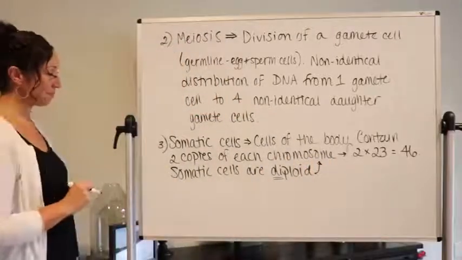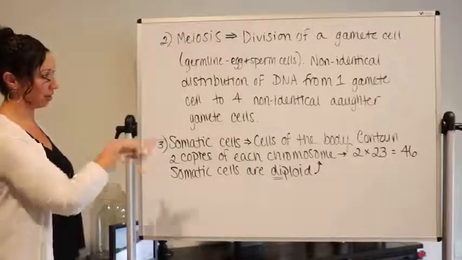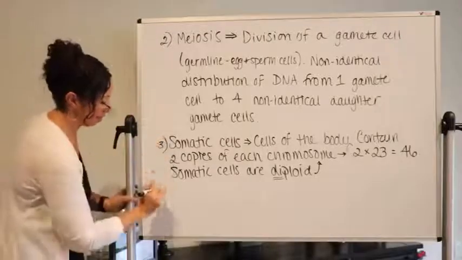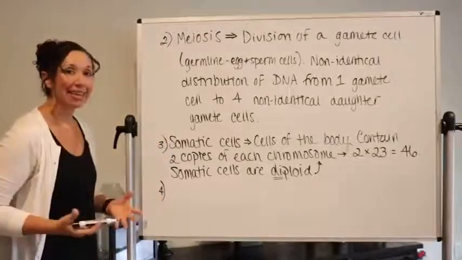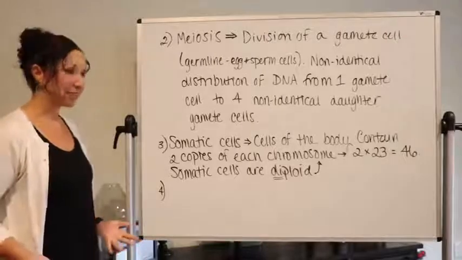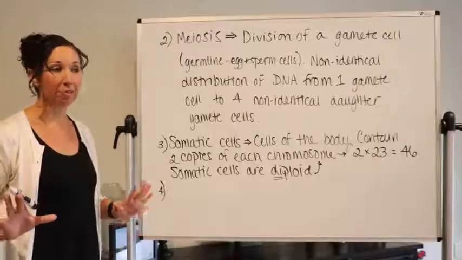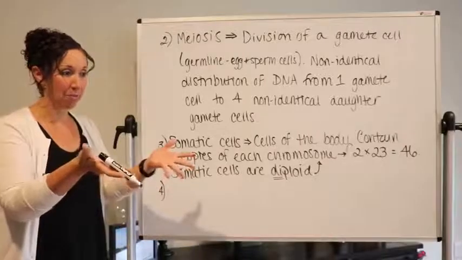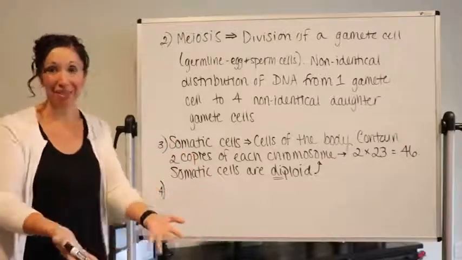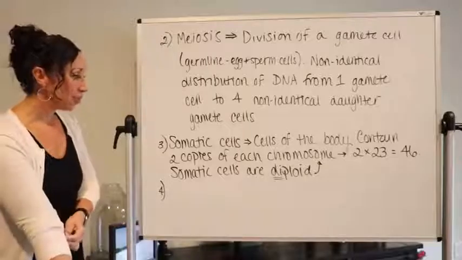All right? Now let's do the other side of it. The gamete cells, which also are technically in your body, but they're different. They're reserved for a very special purpose, and the purpose is to create more humans, to create more life. And so those cells are special.